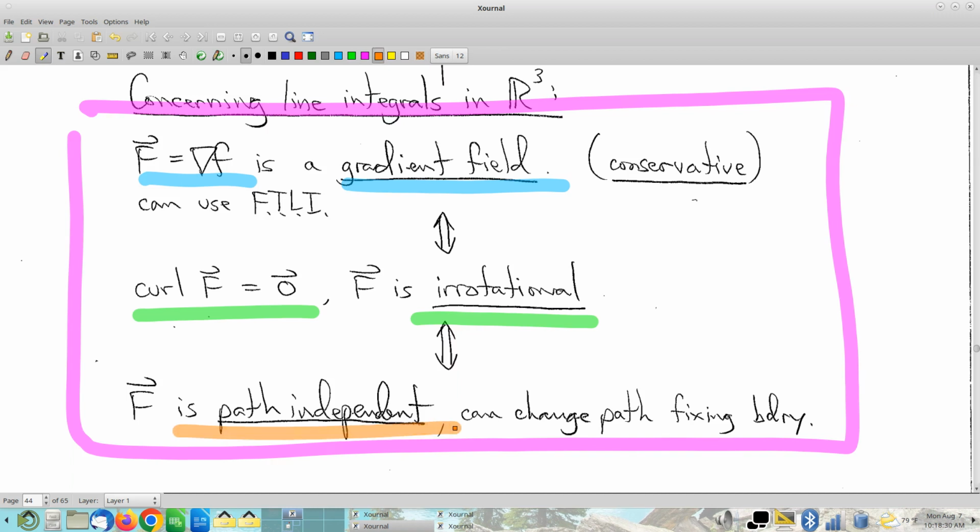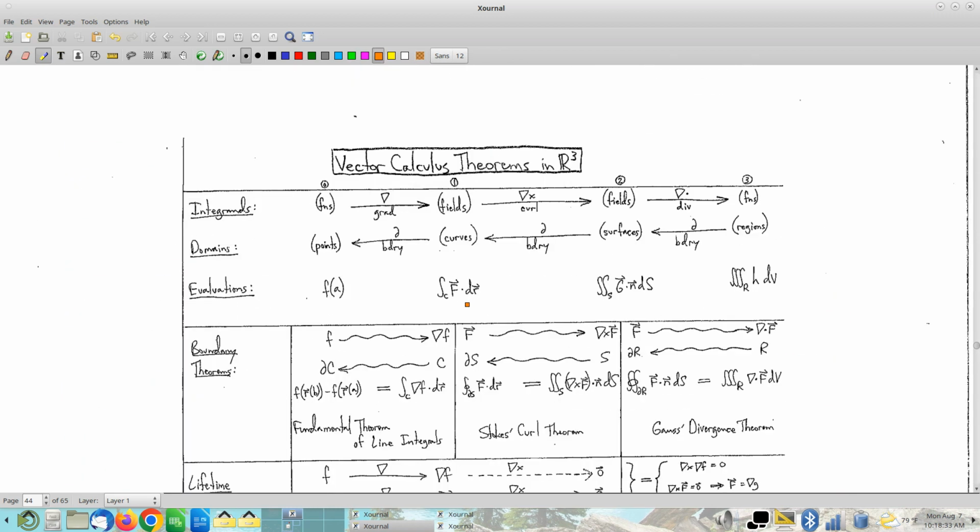So let's draw this on our diagram. This is going to look very familiar because we're talking about the same vector fields and the same properties. They're the gradient of something, aka they have an anti-gradient. The curl, not Green's operator, we're not in 2 dimensions anymore, is equal to 0. And path independence: whenever you have two curves with the same boundary points, you get the same line integral.